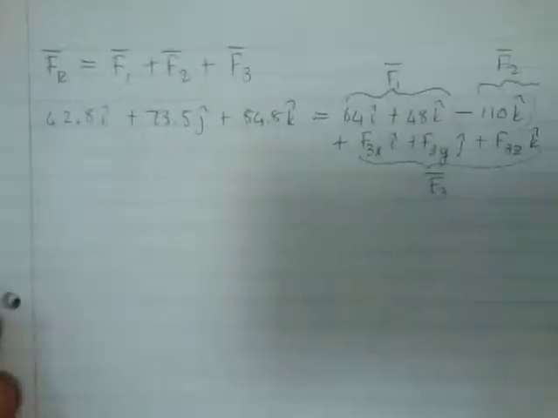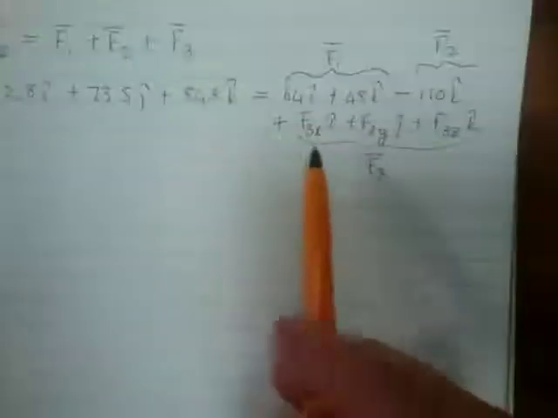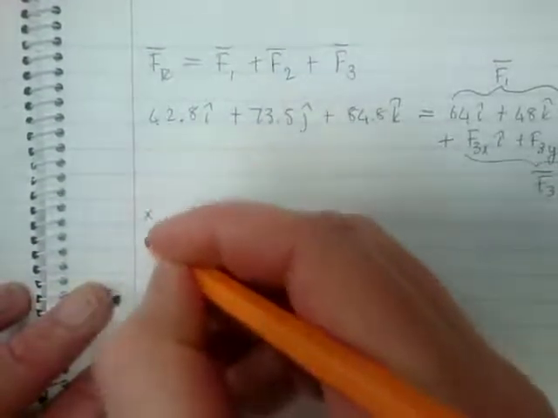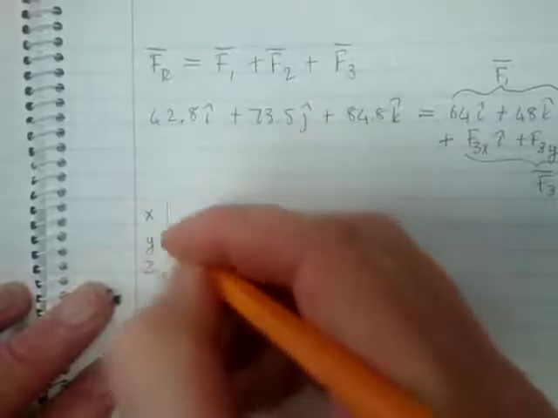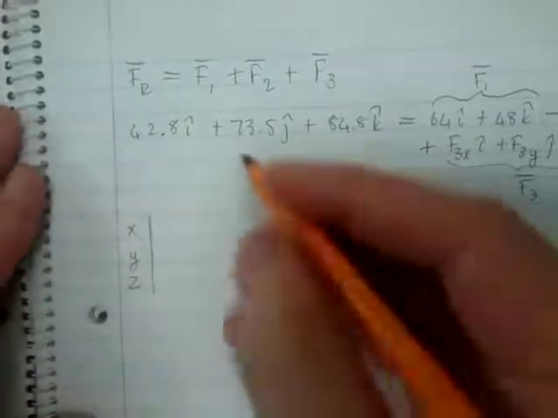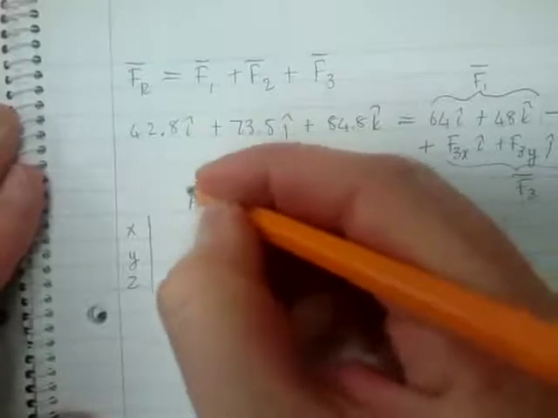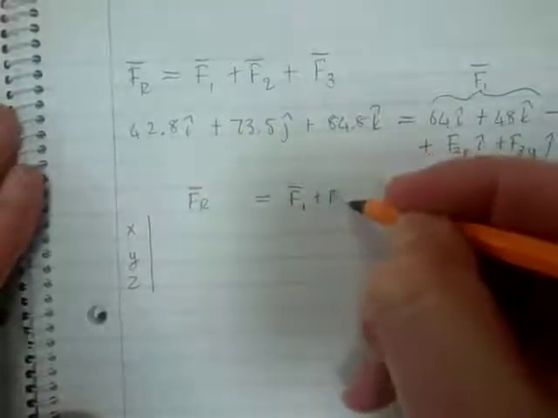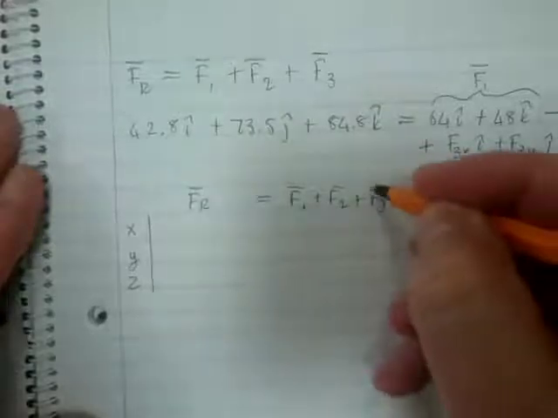So from what we've done before, how would we solve for our unknown F3? Well, we would just equate the different components, x, y, and z. So this would be FR on our left-hand side, and this would be F1 plus F2 plus F3.